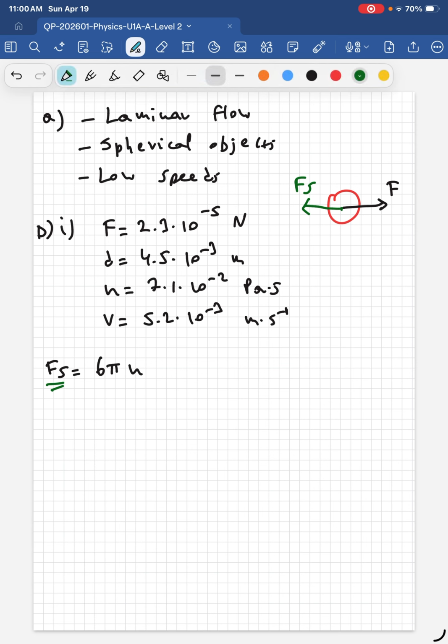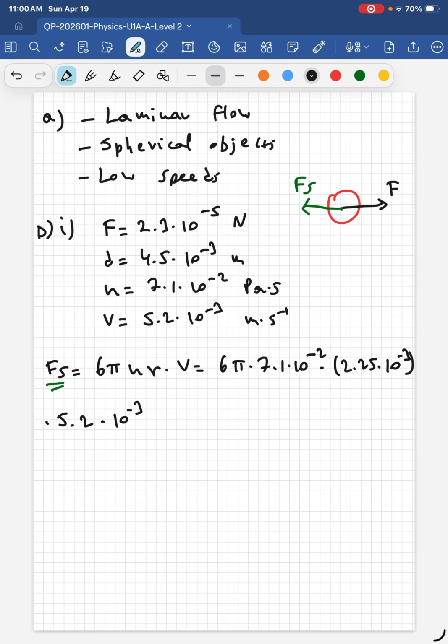So 6 pi times the viscosity times the radius times velocity. So 6 pi times 7.1 times 10 to the negative 2 times 2.25 times 10 to the negative 3 times 5.2 times 10 to the negative 3.